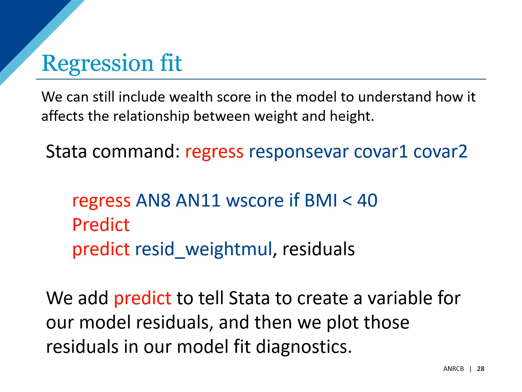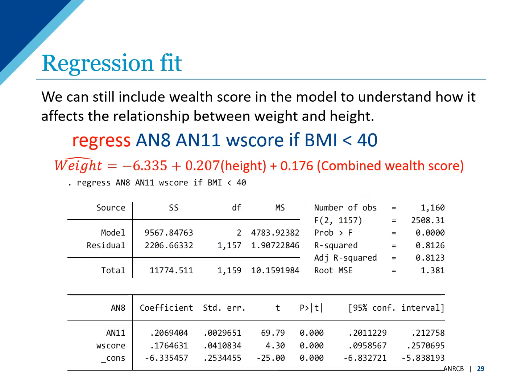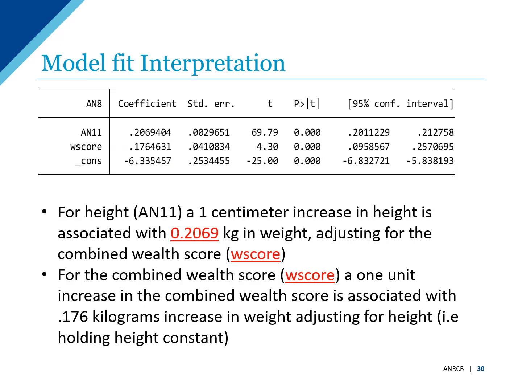We also add the command predict to tell Stata to save the residuals for our model, and then we can ask Stata to plot them. We then have a model that is adjusted for wealth score with the following equation and results table. We'll talk about the results now in detail. We interpret the results similarly when we have an adjusted regression.